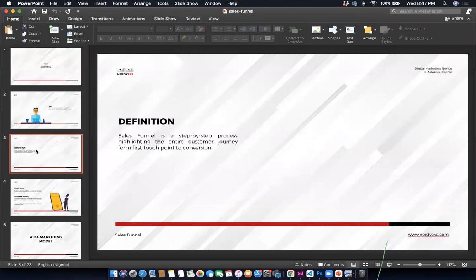A sales funnel is a step-by-step process highlighting the entire customer journey from first touch point to conversion. What I want to give you is the Neddy Eye secret sales funnel. Don't tell anyone else. Let me see how many people we have; 40-something people joined us. I'm sharing this secret with only 40-something people.